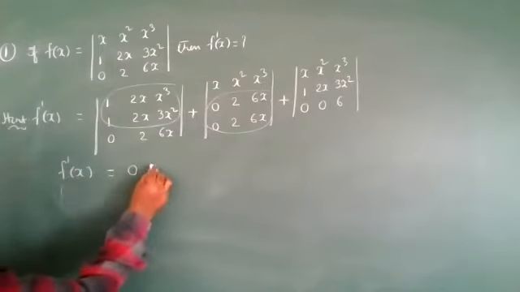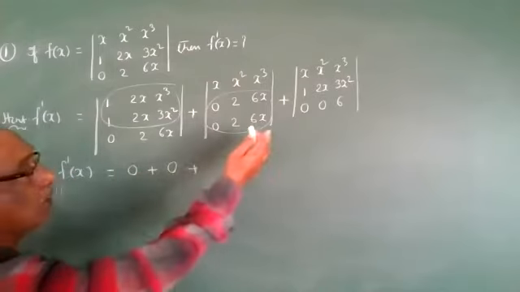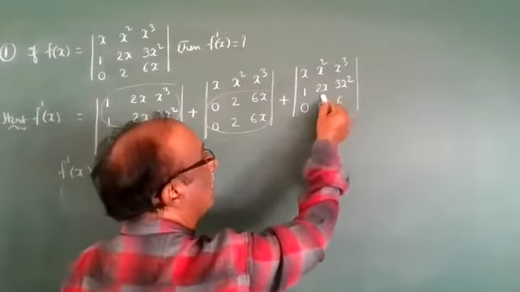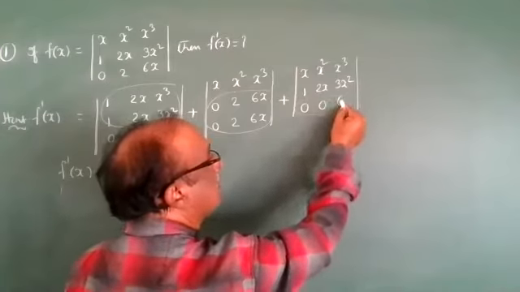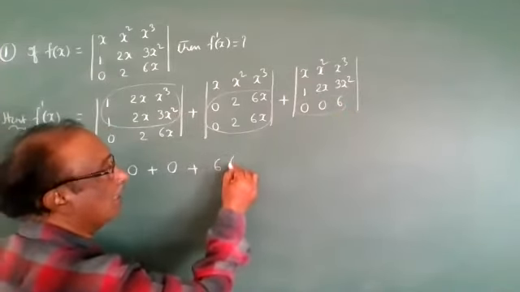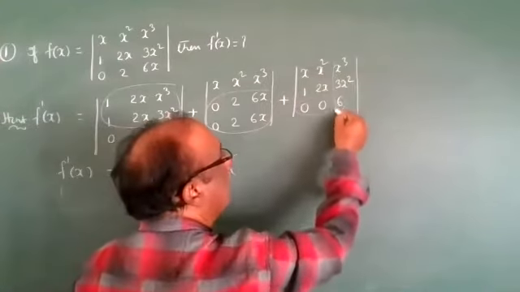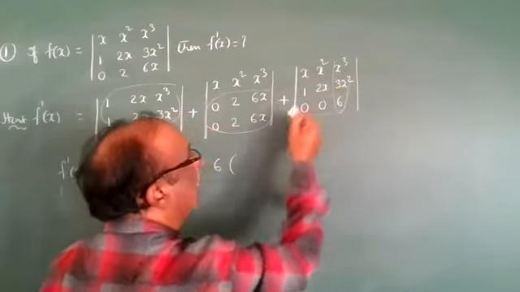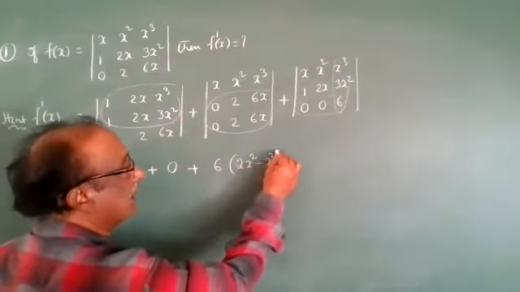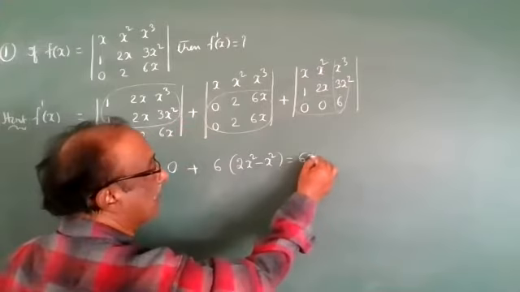The first one has value 0, the second one has value 0, and only the third determinant remains, with the sixth element. So the first is 0, and the second is 6 times the minor with the 6 row and column deleted: 2x square minus x square. Its answer is 6x square.